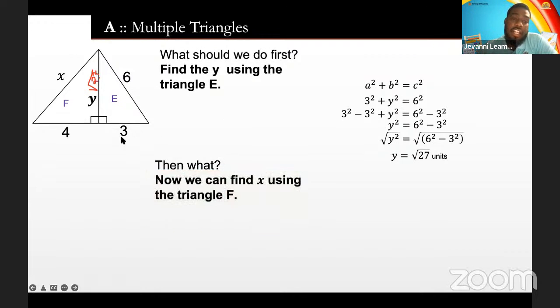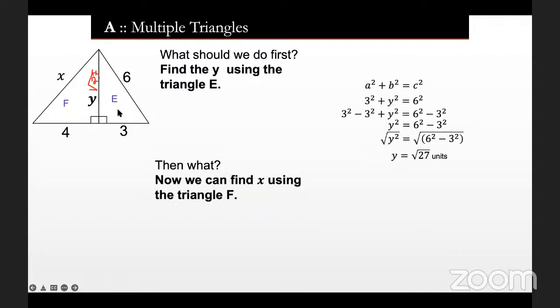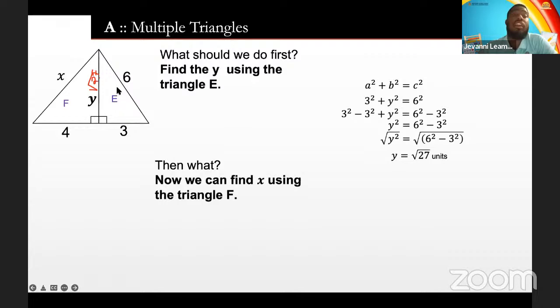So we're using triangle F, that small triangle over here. Before, we were using triangle E over here to find the value of the Y. So we do the same thing that we did originally. We have our formula in general for the Pythagoras theorem: a squared plus b squared is equal to c squared.